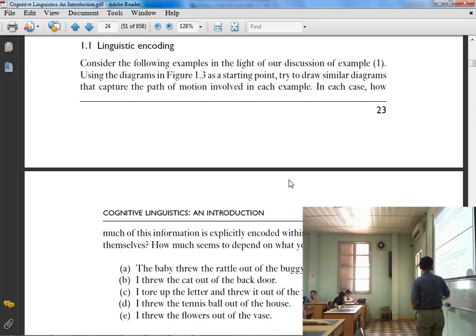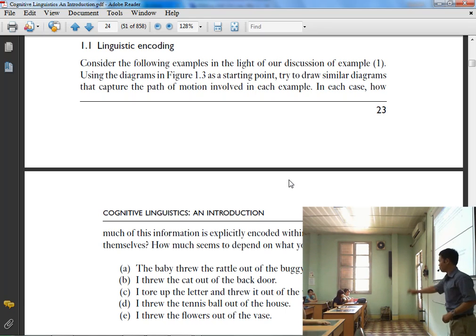I threw the flowers out of the vase. So this time I have a container, and threw the flowers out of the vase. One direction, two directions, three directions, four directions, five directions.